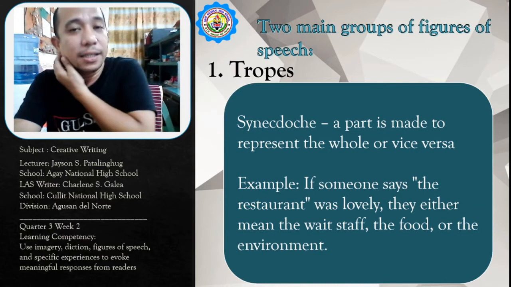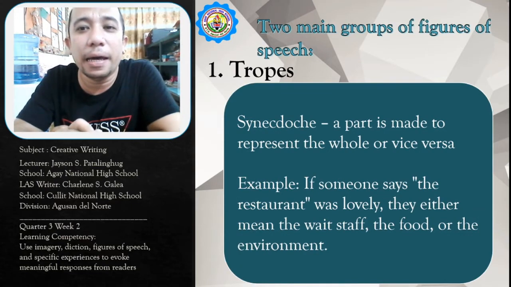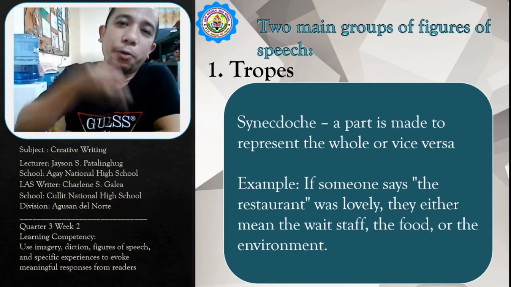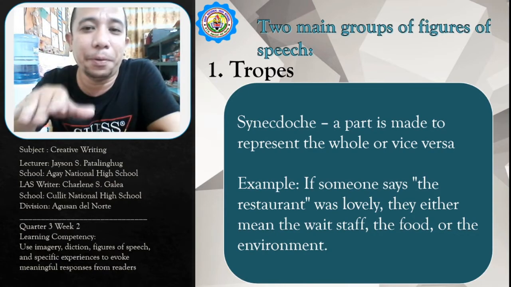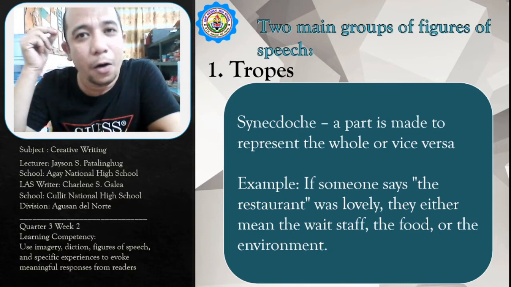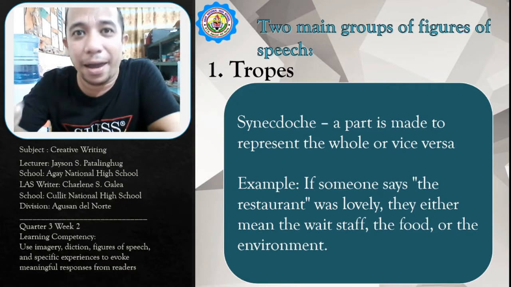Next is synecdoche. Synecdoche is when a part is made to represent a whole or vice versa. So you use a part to represent a whole. I have a very good example for this. When you go to a restaurant, you're going to say, "How much will I pay per head?"